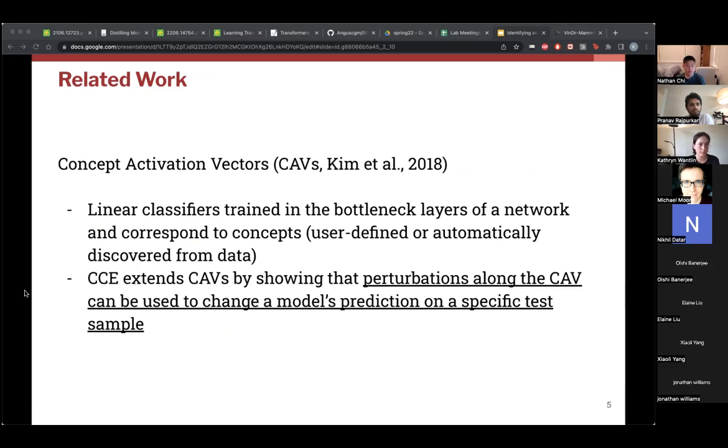And we'll talk a little bit more about how we get those vectors. So this paper, CCE, basically extends CAVs by showing that the perturbation that you get along a CAV can be used to change the model's prediction. And isolating exactly what those changes are supposed to be is basically what CCE's algorithm is training for.